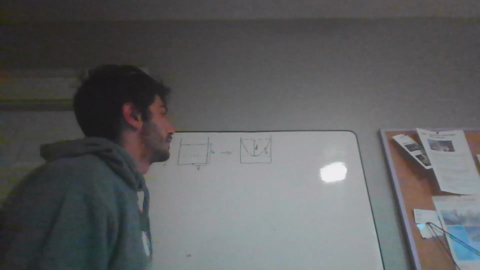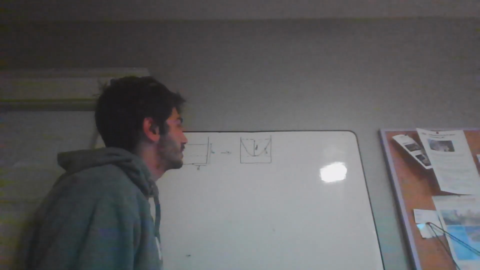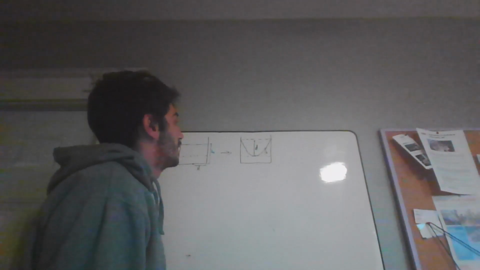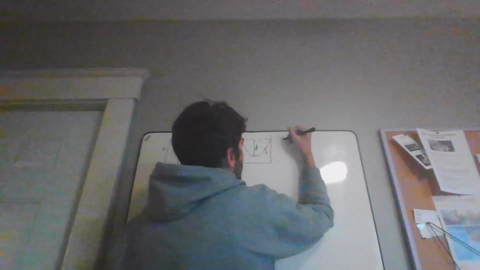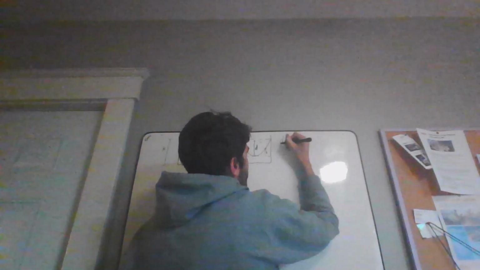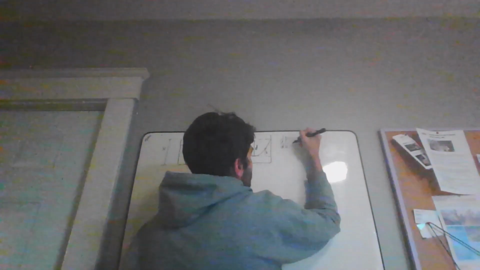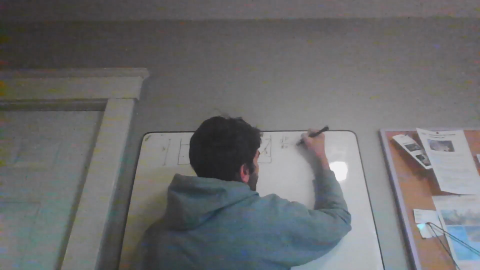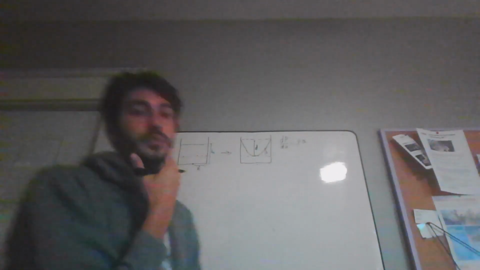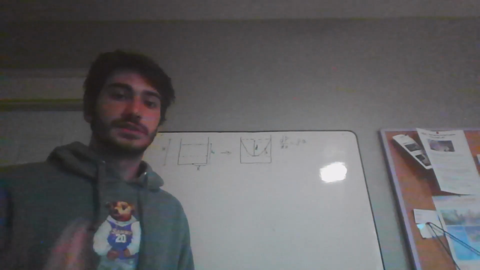the generic equation for fluid statics, which is simply the change in pressure with respect to the change in distance is equal to rho times acceleration. And since we're spinning this cup, we know what the acceleration is. We know that we have a centrifugal acceleration, right?